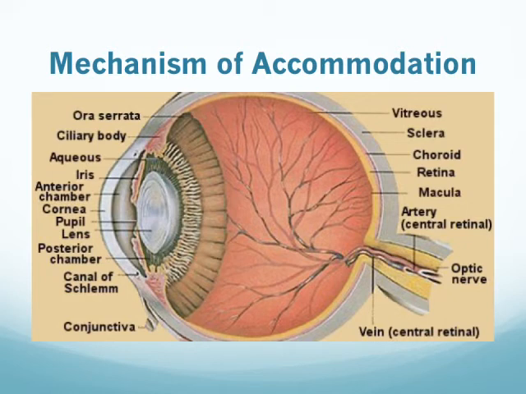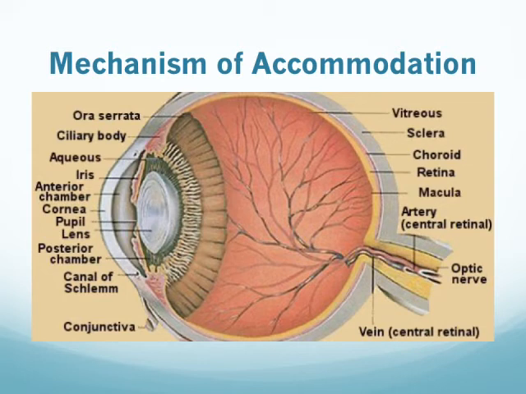So how do we see near objects and far objects? To look at infinity, we don't need to use our accommodation. But if we want to look at a near object, the ciliary muscle contracts, so the zonule relaxes, and the lens becomes more convex. This means that the convexity of the lens increases and the dioptric power of the lens increases.